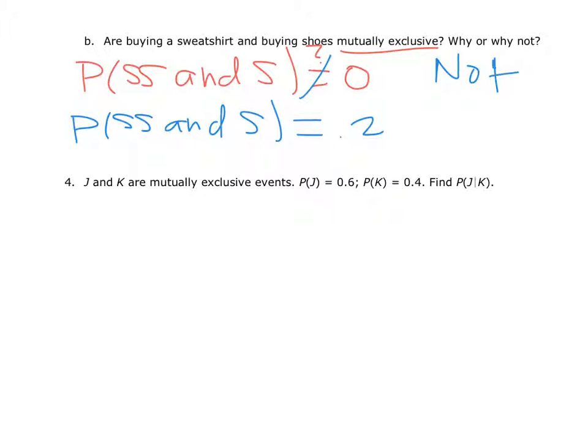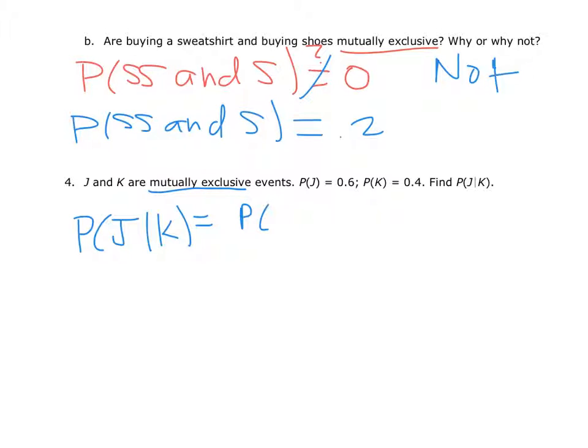All right, number 4, so we have different probabilities now. We have two events, J and K, and we say that they are mutually exclusive, so we're assuming that. And we have the probability of J is 0.6, probability of K is 0.4. We want to find the probability of J given K. Okay, I'm just going to write out the formula, right off the formula sheet.